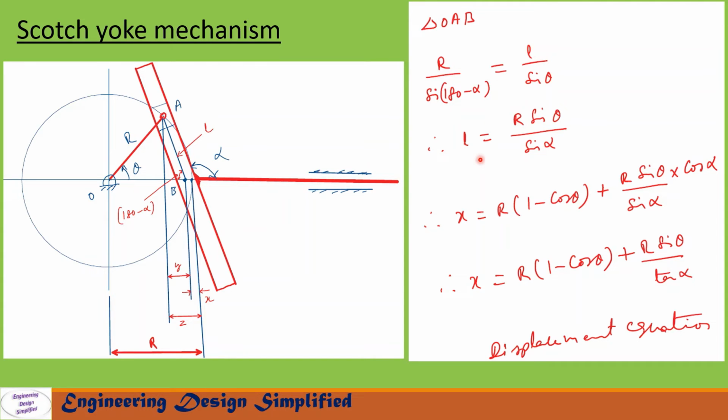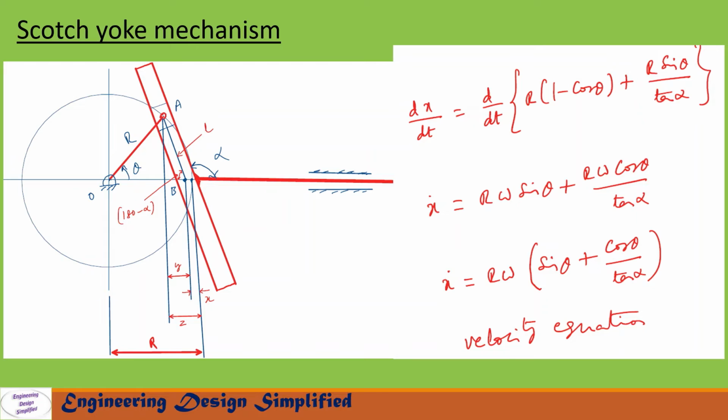So from this we can find L equal to r sine theta by sine alpha. Let us substitute this in displacement equation. We get x equal to r into 1 minus cos theta plus r sine theta into cos alpha by sine alpha. So after simplification we get displacement of the plunger x equal to r into 1 minus cos theta plus r sine theta by tan alpha. So sine alpha by cos alpha can be written as tan alpha.